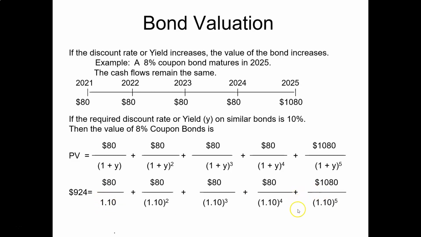For the present value of cash flow in the 5th year, it will be $1,080 over 1.1 to the power of 5. If you verify the calculation, the present value for this bond is $924. So now, given the higher discount rate, we have lower present value for this bond.